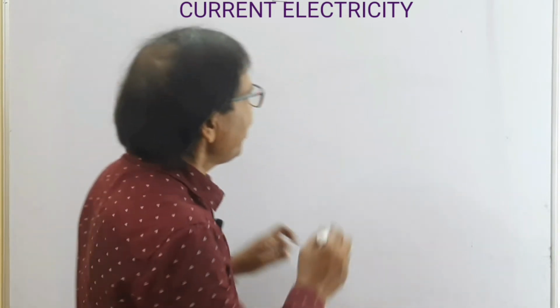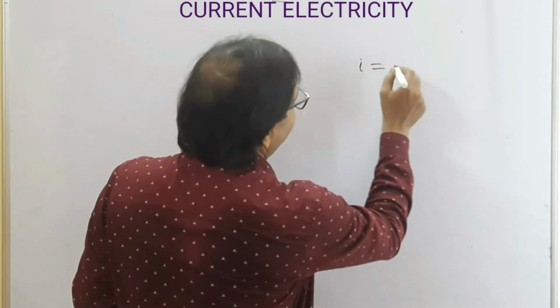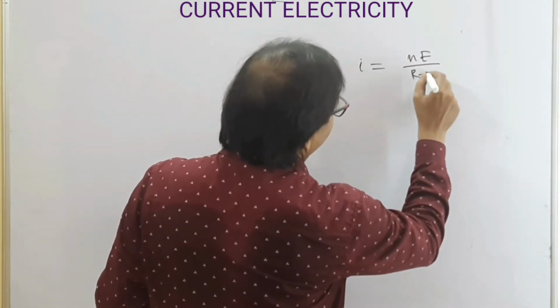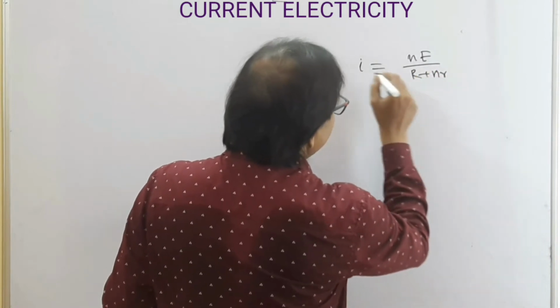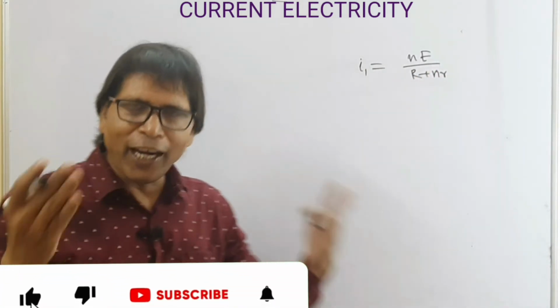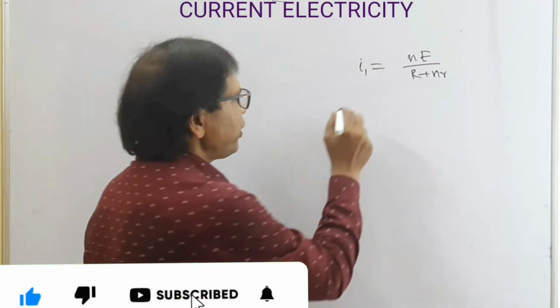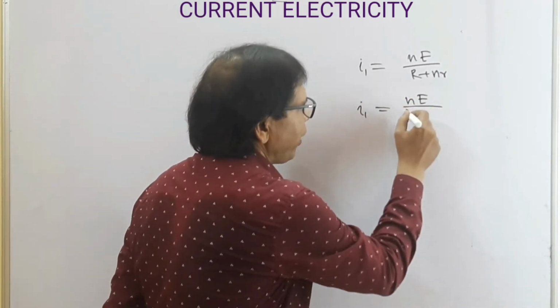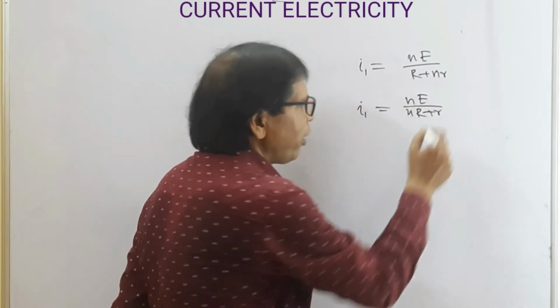Now look at this, in series combination the current is NE divided by R plus Nr. This is I1. In parallel combination also it sends current I1, and this is NE divided by NR plus small r.